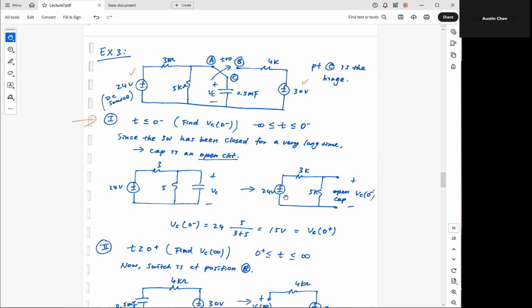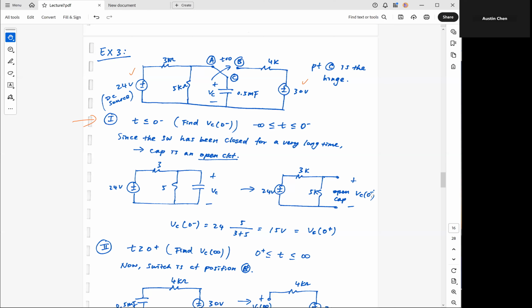The next step is we recognize that before the switching event, the entire circuit has been sitting there for a long time. The switch has been closed for a long time. So this capacitor therefore behaves like an open circuit. This capacitor is now represented by an open, and now I just need to find VC at 0 minus.